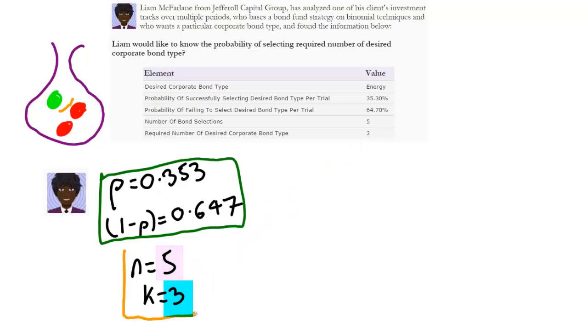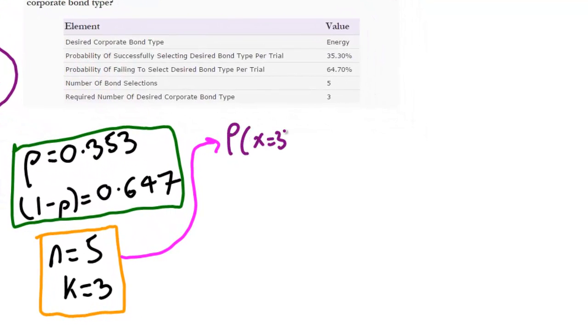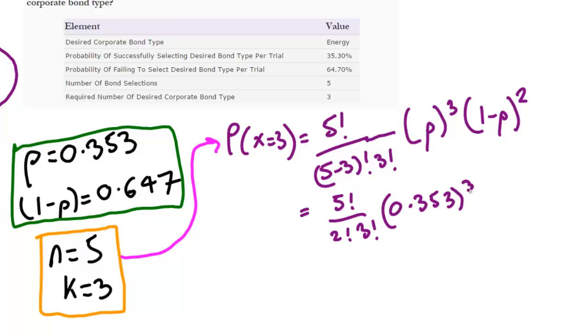The question wants to know how many times Liam can expect 3 successful outcomes from 5 different stock selections, or P of x equals 3 equals 5 factorial divided by 5 minus 3 factorial multiplied by 3 factorial, all multiplied by P cubed multiplied by 1 minus P squared, which is equal to 5 factorial divided by 2 factorial times 3 factorial multiplied by 0.353 raised to the power 3 and 0.647 raised to the power 2.